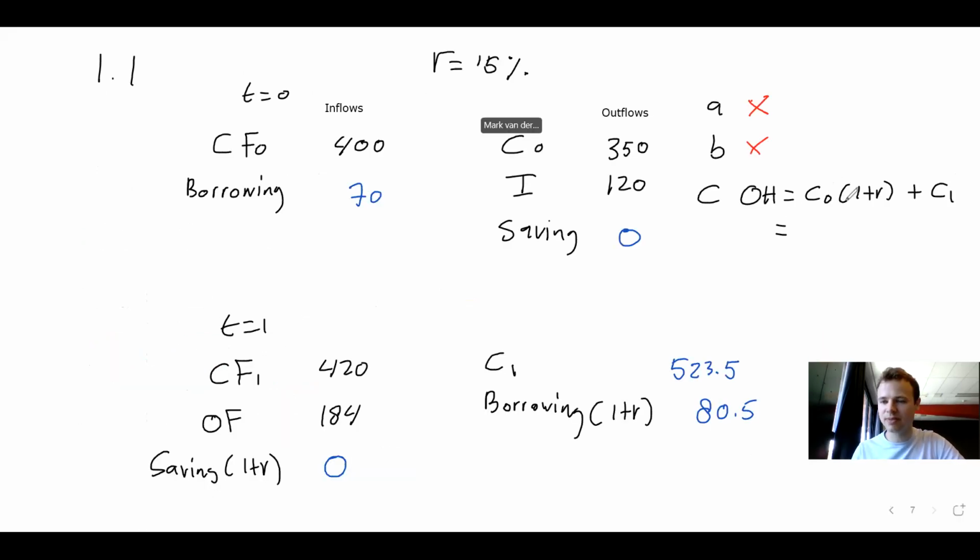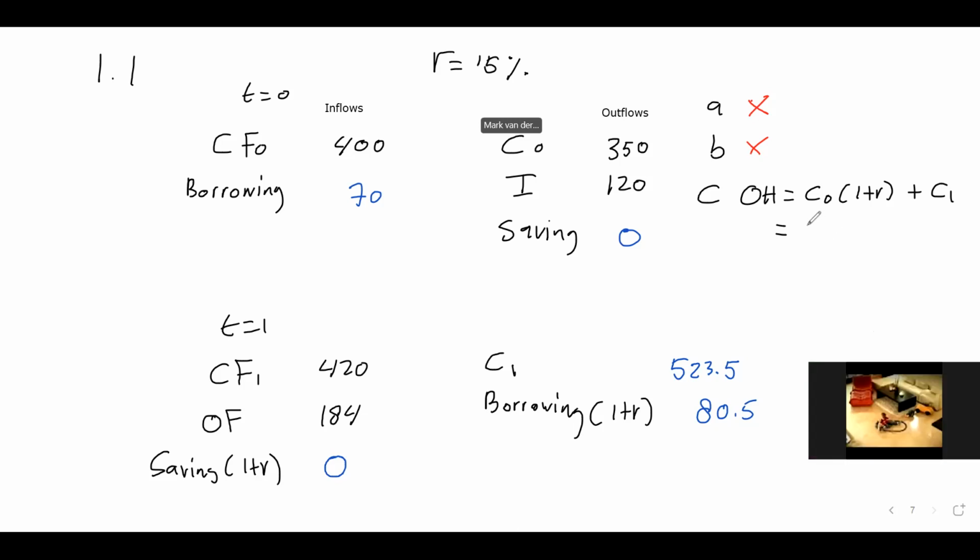What is the C0? It's 350 times 1.15, which is 402.5. Okay.